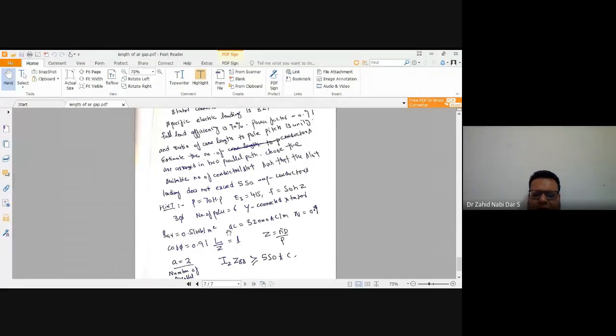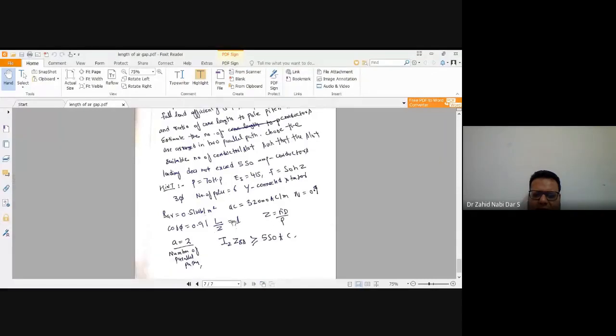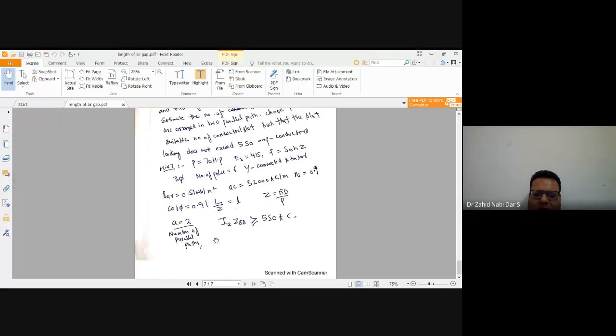Your ampere conductors are 32,000 ampere conductors per meter. Your efficiency is 0.9, although 90% is mentioned, that is 90 by 100, 0.9. Your cos phi is 0.91. Your L by tau ratio is unity, equal to 1. Tau is pi D by P. a equal to 2 is the number of parallel paths. I_z by Z_s should be less than or equal to 550. Just like you did yesterday, you have to do it.